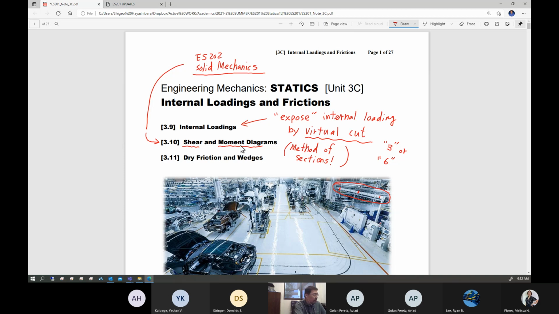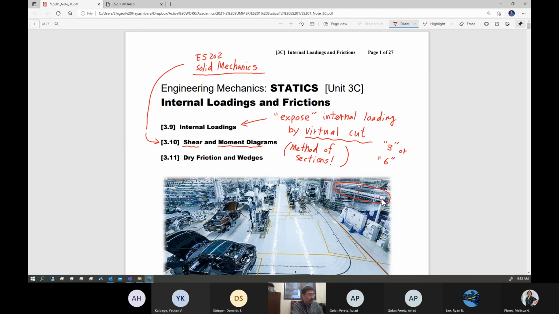That's the important first step to solve for the material's internal shear stress and internal bending moments. Based on bending moments, you're going to develop normal stresses inside, or shear stresses because of the shear loading. Then you choose the proper material and proper size of the cross section.